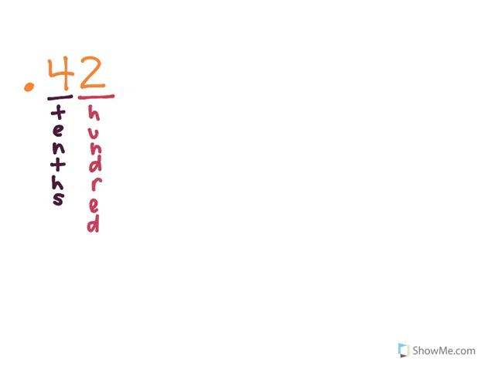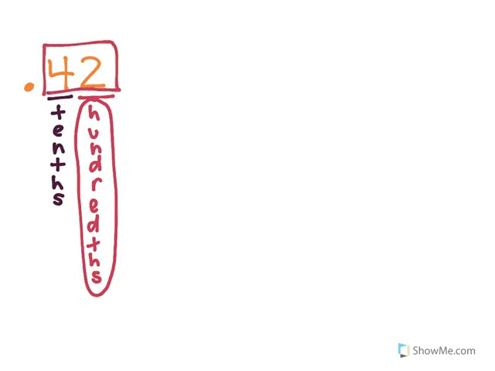I'm going to give you this. So our first step is to see what place we're in. This first one is the tenths place. This next one is the, you should have called out, hundredths place. Since I got all the way to the hundredths, that is my value of this number.